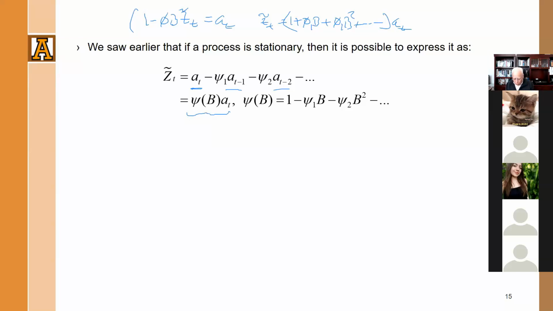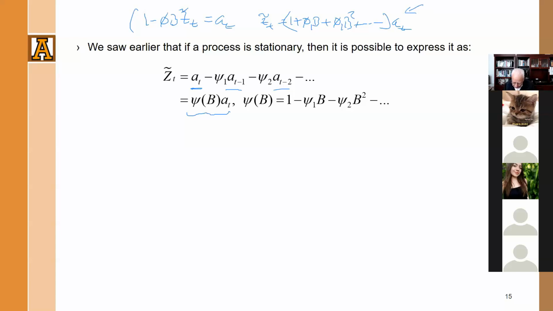So the polynomial psi of B will be 1 plus psi 1 B plus psi 2 B squared plus, and so on.